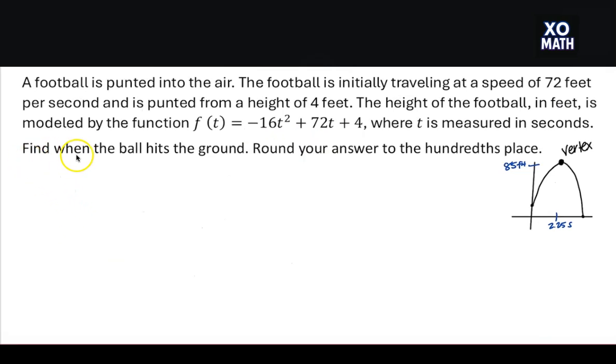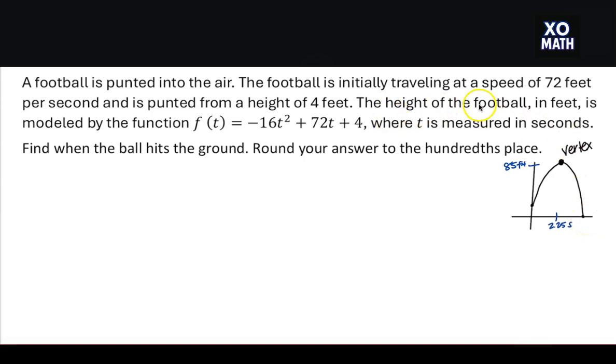Now we're being asked to find when the ball hits the ground. Round your answer to the hundredths place. So here's our informal model of the football that's being punted into the air. And if I want to know when the football hits the ground, that's when the height of the ball is equal to 0. So if a ball is on the ground, its height is equal to 0.